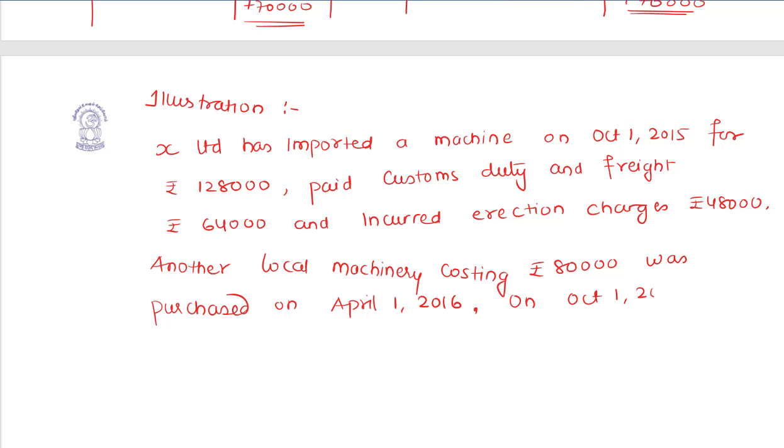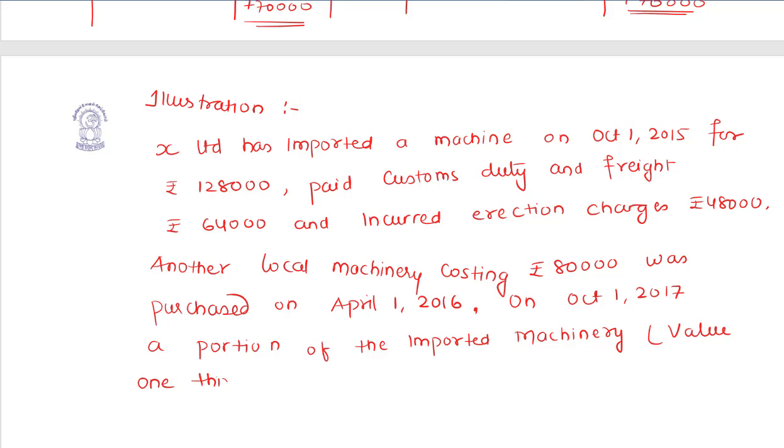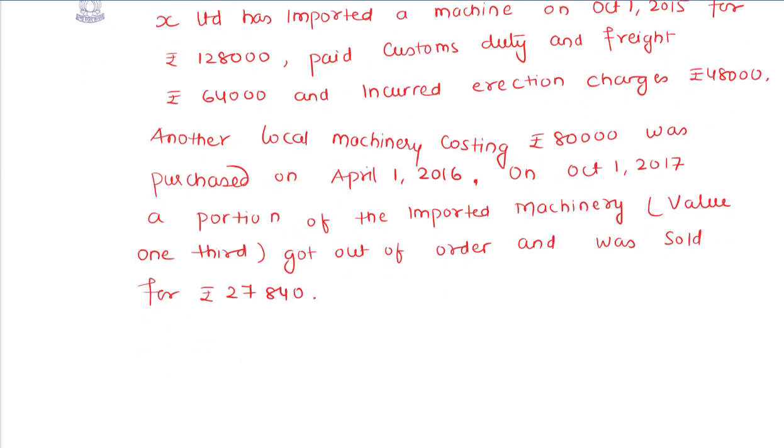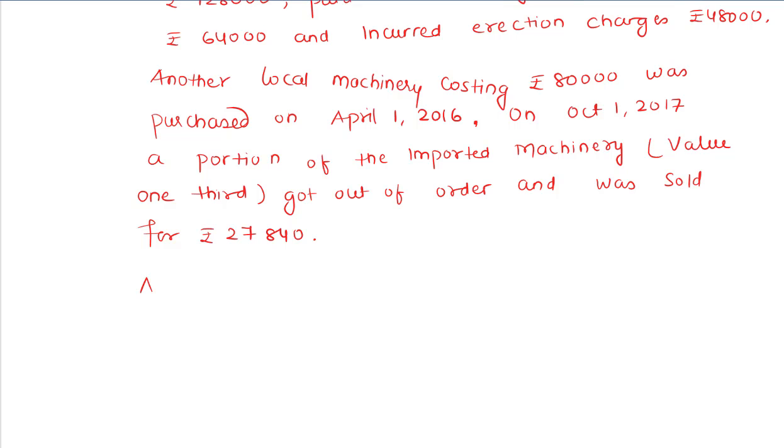On 1st October 2017, a portion of the imported machinery, value one third, got out of order and was sold for 27,840. I believe you understood till here.